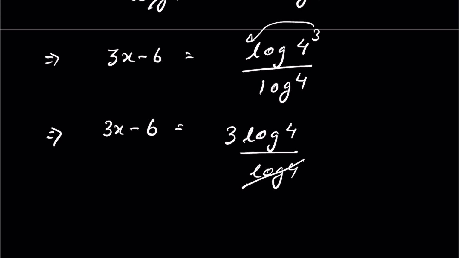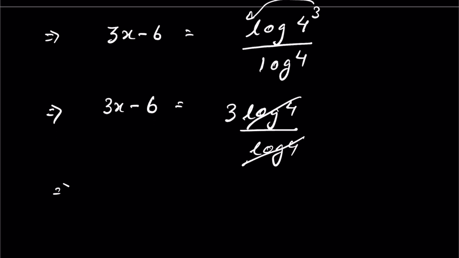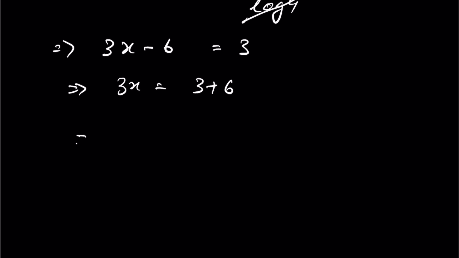So this log 4 and log 4 get cancelled. So 3x minus 6 is equal to 3, or 3x is equal to 3 plus 6, or x is equal to 9 upon 3. 3 times 3 is 9, so x is equal to 3.